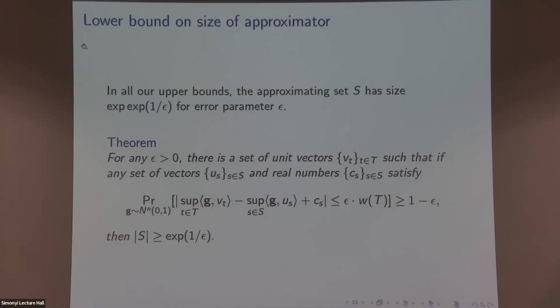So the upper and lower bounds are currently off by an exponential factor, and I don't think we have a very clear intuition as to whether the upper bound can be tightened, or the lower bound can be tightened. But at least you cannot get poly 1 over epsilon different things.